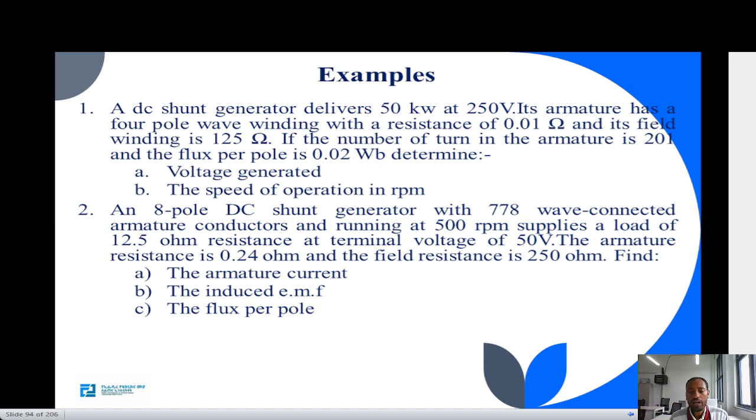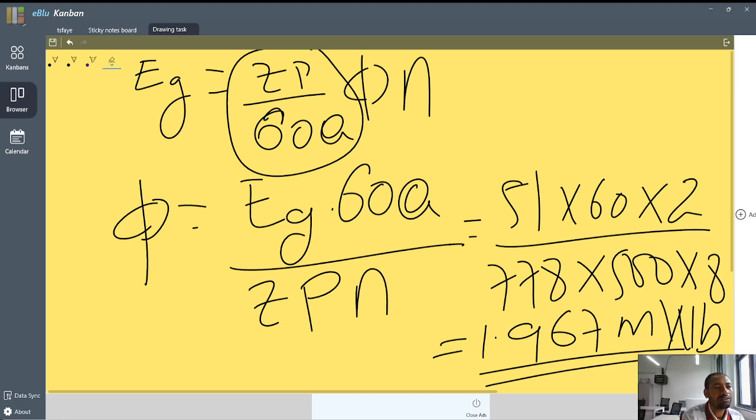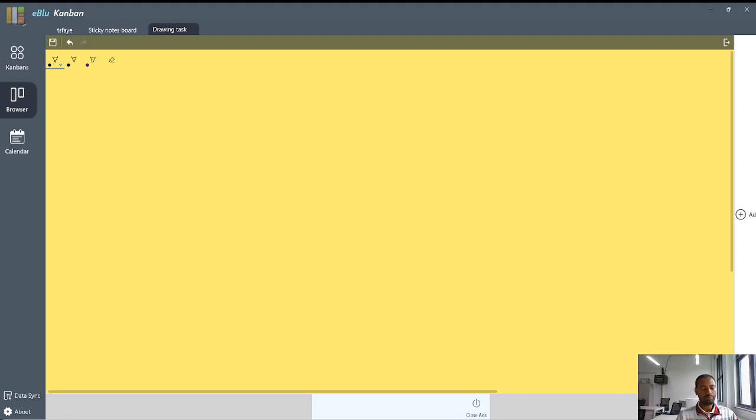That is how we should tackle examples or equations related to the shunt generator. So I highly encourage you to do more and more examples from the references given, and don't forget the important equations we addressed for a shunt generator. Lastly, let me write those very important equations for the connection of the shunt generator.